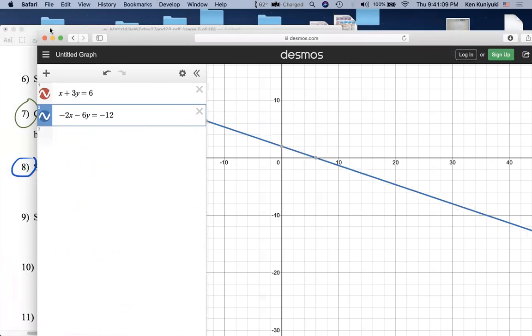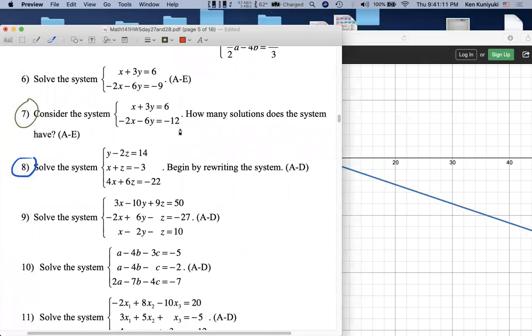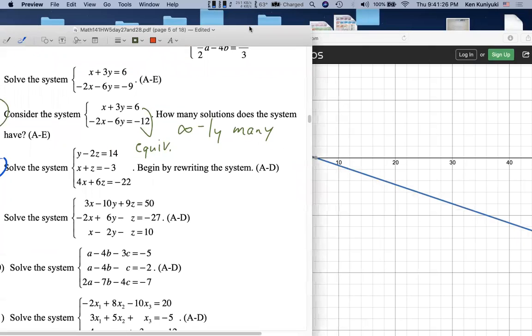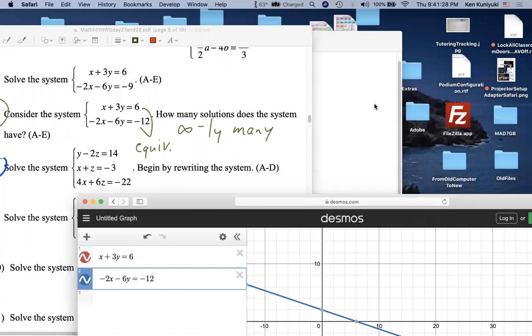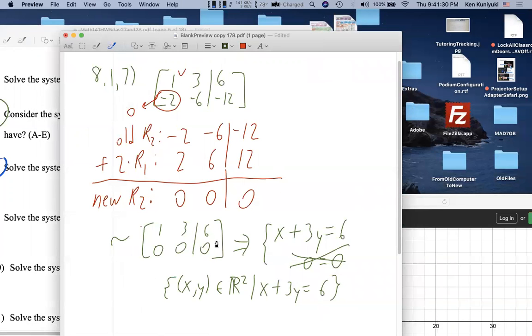So that's more of a concept question. There are infinitely many solutions, just by virtue of the fact that these are equivalent equations. In fact, I would have just accepted that. But I showed you what the augmented matrices said. We get something weird going on here, right?